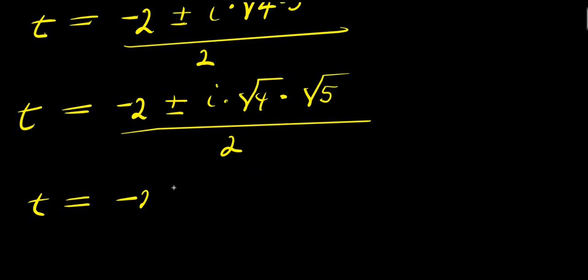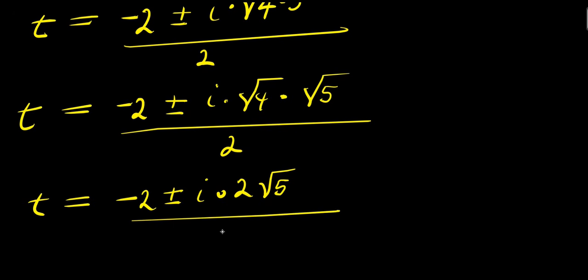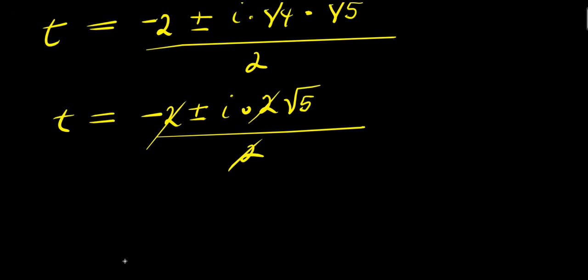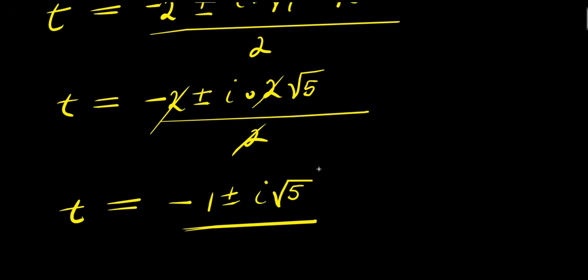T equals negative 2 plus or minus i times, square root of 4 is 2, root of 5, divided by 2. This cancels this. So t equals negative 1 plus or minus i root 5. Two complex values for t.